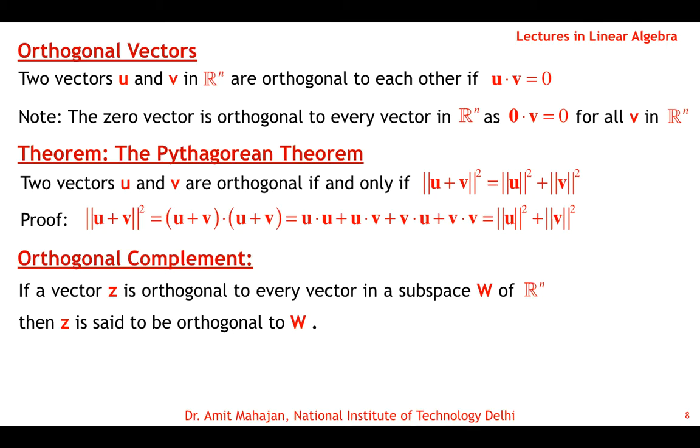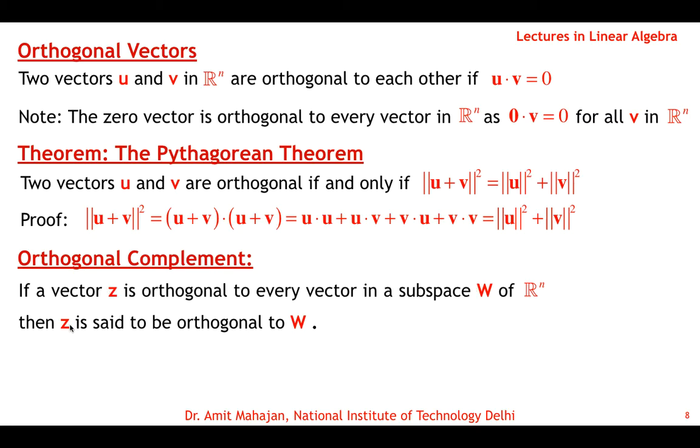Now one important definition here is the orthogonal complement. Suppose a vector z is orthogonal to every vector in the subspace w of Rn. So if you are given a vector space Rn and w is a subspace of it, and there is a vector z which is orthogonal to every vector in this space, that means if you take any vector from here, its dot product with z is 0.